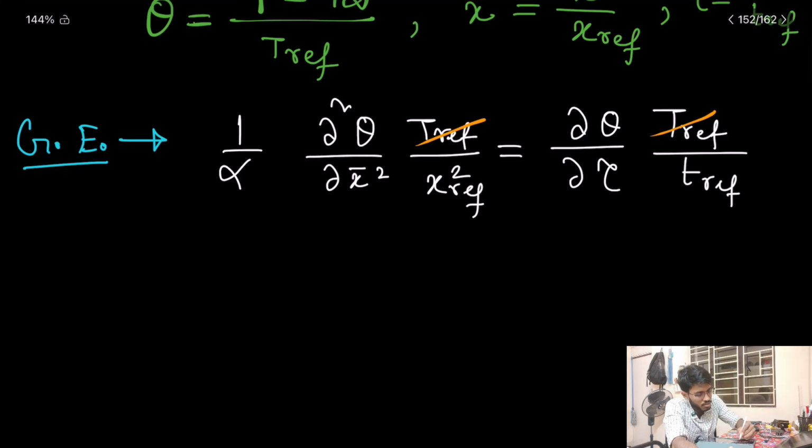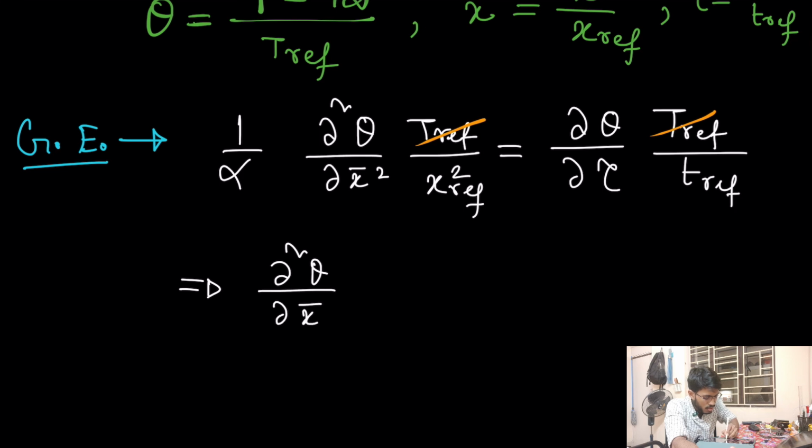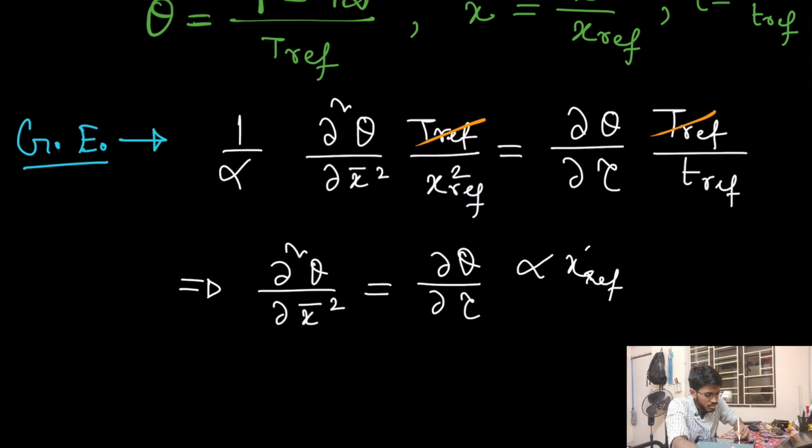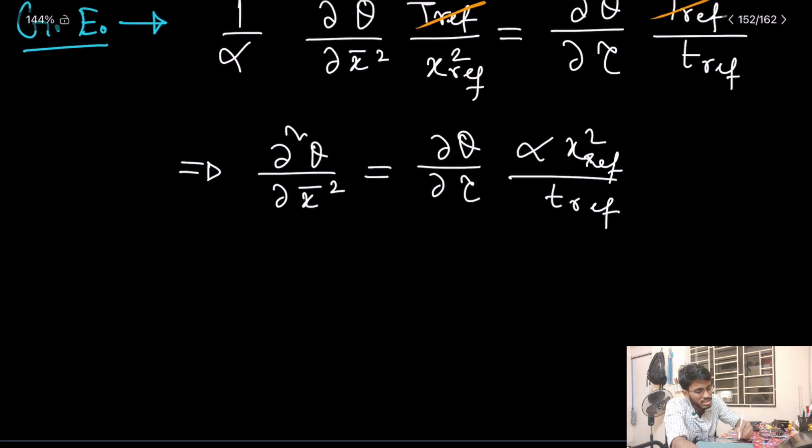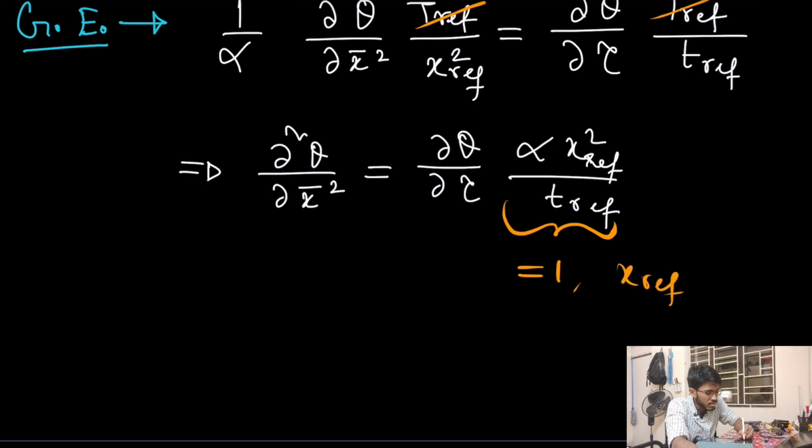Now from this one I will just take all the constants on one side, like this: alpha t reference by x reference square. Now I will just take this as equal to 1. That means x reference is equal to root over alpha t reference.